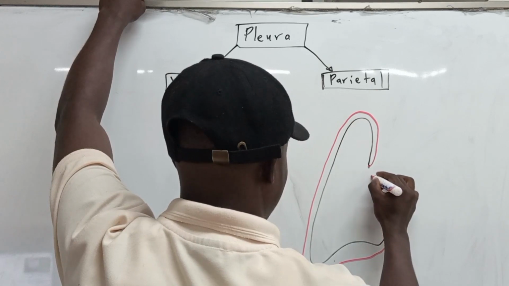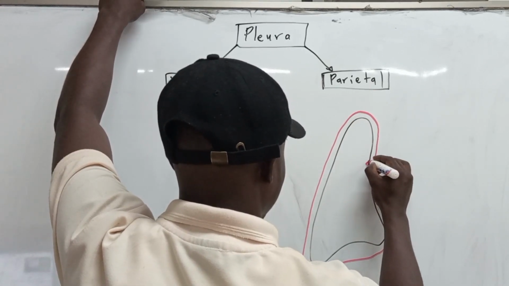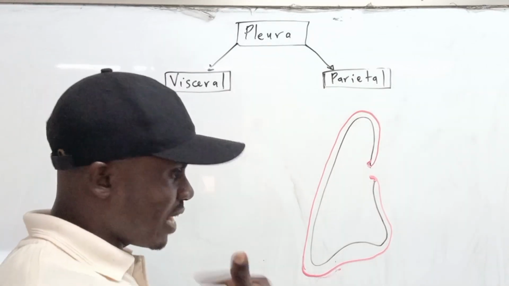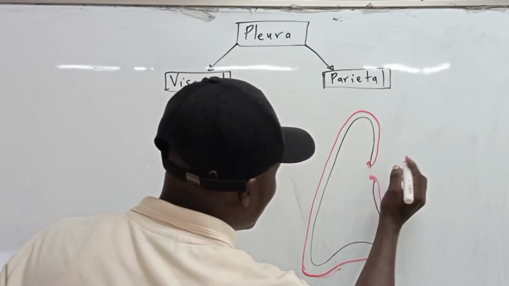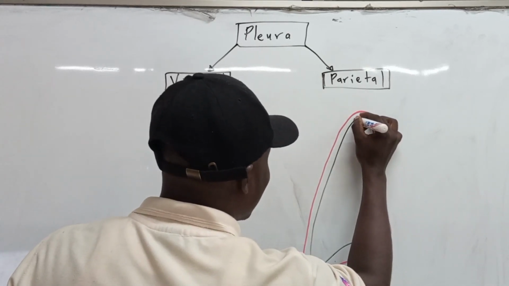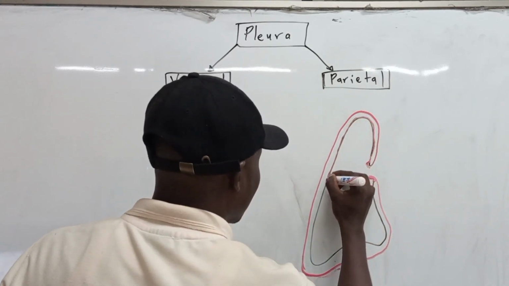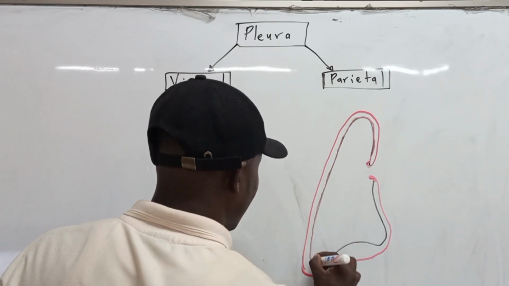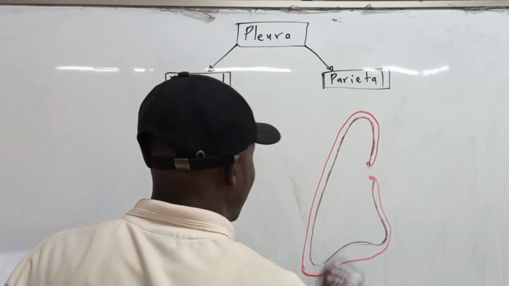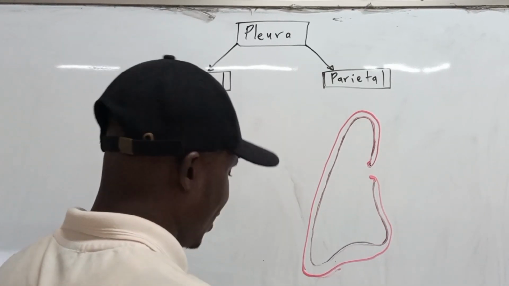If this is our lung, then what is going to happen is that this lung itself will be covered intimately by this thing that I'm trying to draw around it. So what I have over here is my lung.